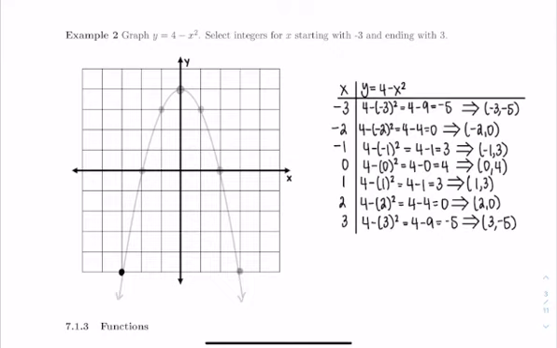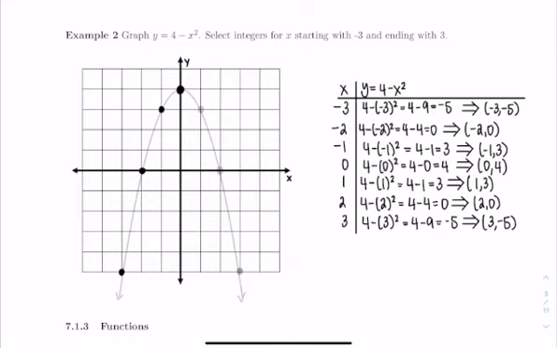We have negative 2, 0. So we're just moving to the left 2 units. We have negative 1, 3. So to the left 1 and then up 3 units. We have 0, 4, which just means that we move up 4 units.